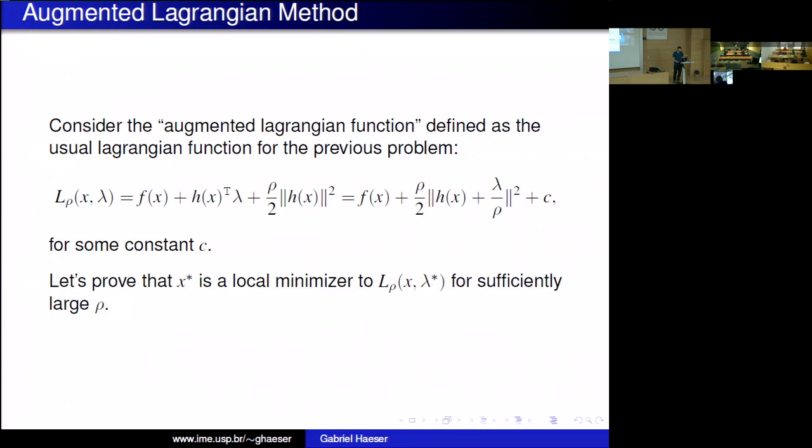But if you are not at infinity, maybe this works fine. And so what we will prove is that x star, this point that fulfills the second order sufficient condition, is a local minimizer of the Augmented Lagrangian function, if you take rho large enough. Okay, you don't have to make rho go to infinity, it's simply large enough, then this x star will be a local minimizer for this function.